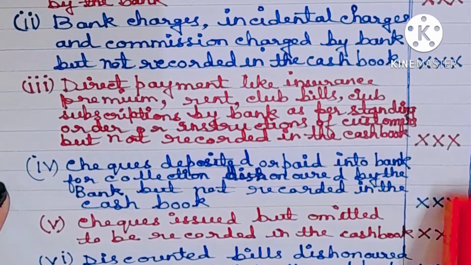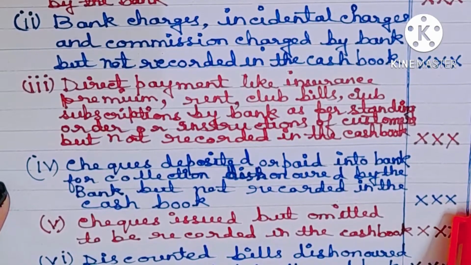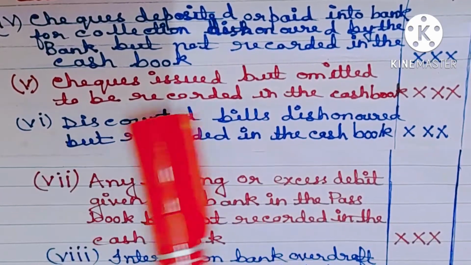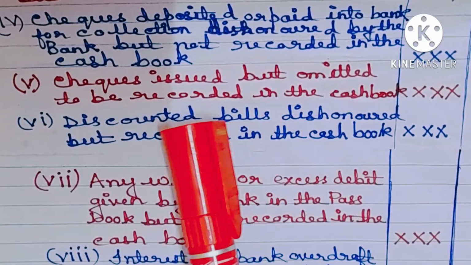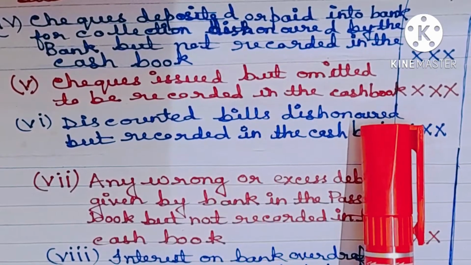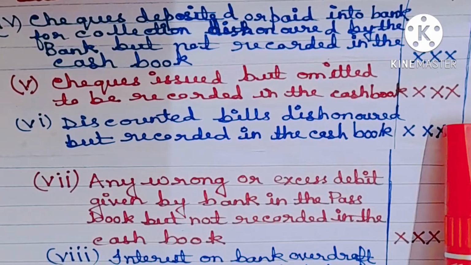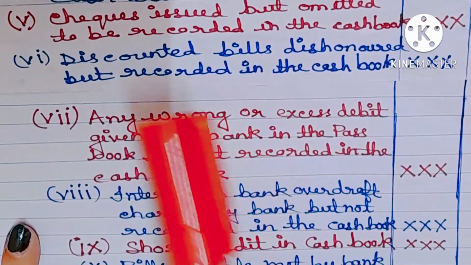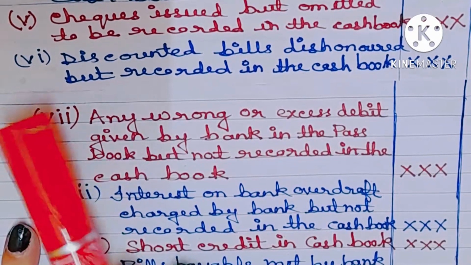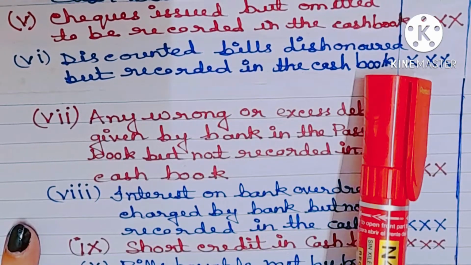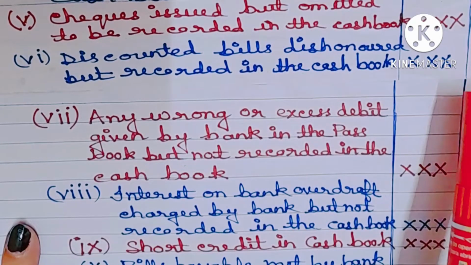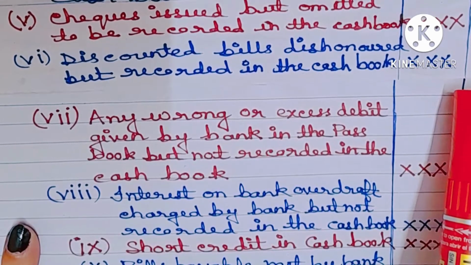Number 5. Less checks issued but omitted to be recorded in the cash book. Number 6. Less discounted bills dishonored but recorded in the cash book. Each amount is written in the inner column.